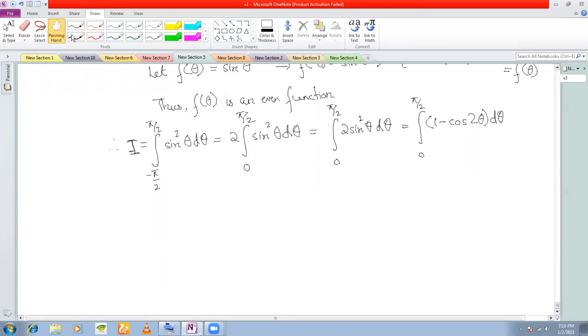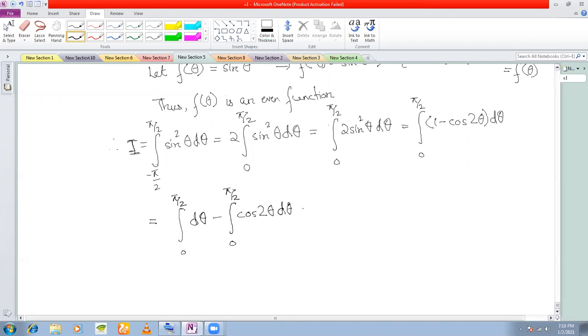Now it is easy to evaluate this integral. This is the integral from 0 to pi by 2 of d theta minus the integral from 0 to pi by 2 of cos 2 theta d theta.